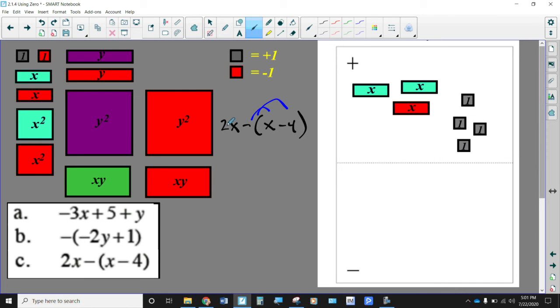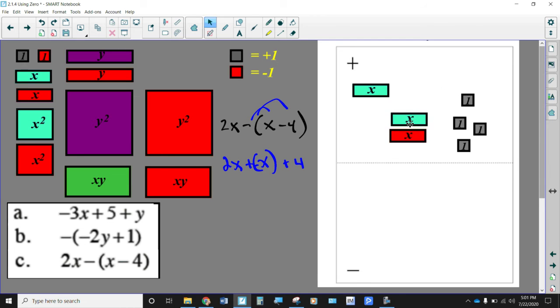So watch how this happens. 2x, take the opposite of x, so that's negative x or plus a negative x, and take the opposite of negative 4, which becomes positive 4. And now you see your zero pair there? They're together in the same region, but they're opposites in the same region.